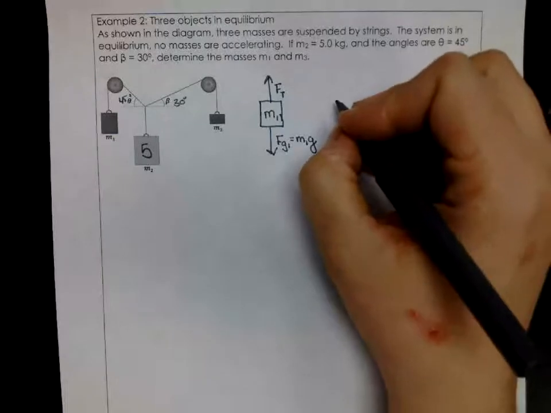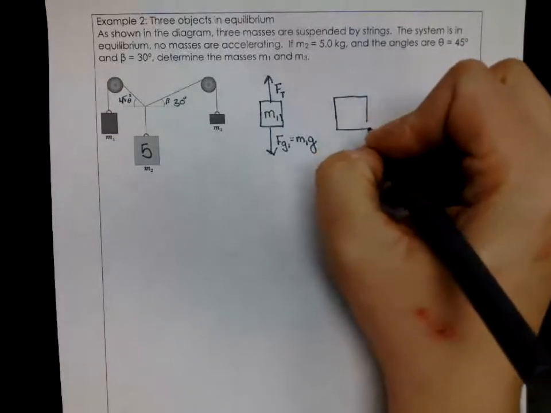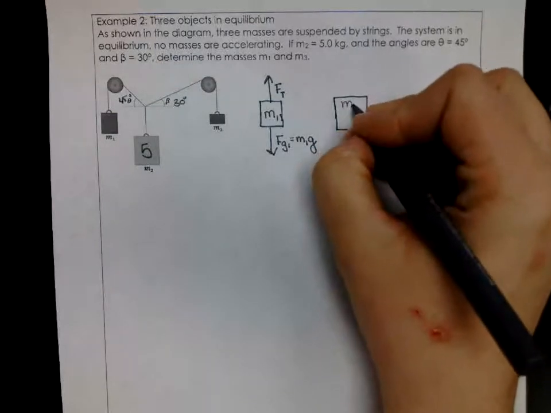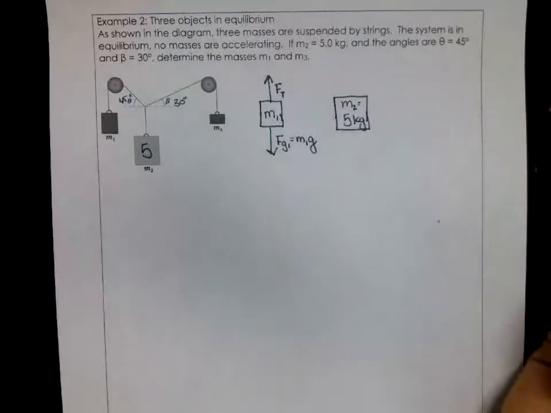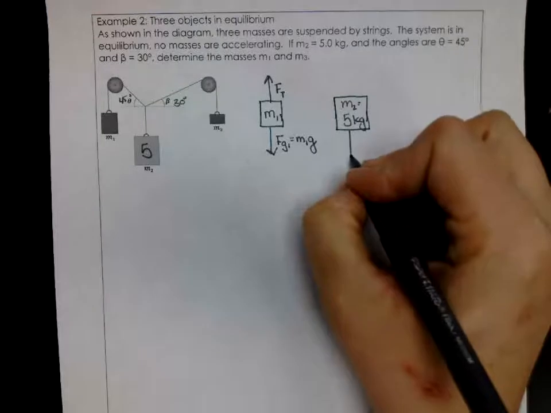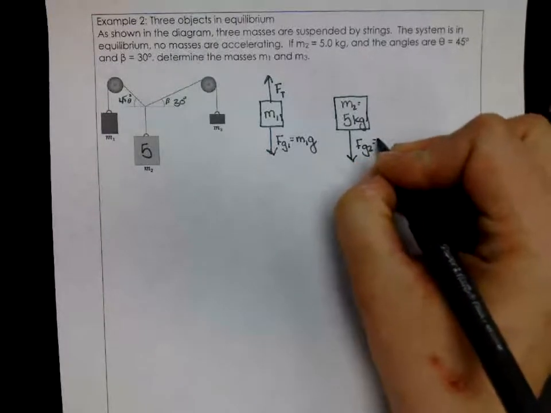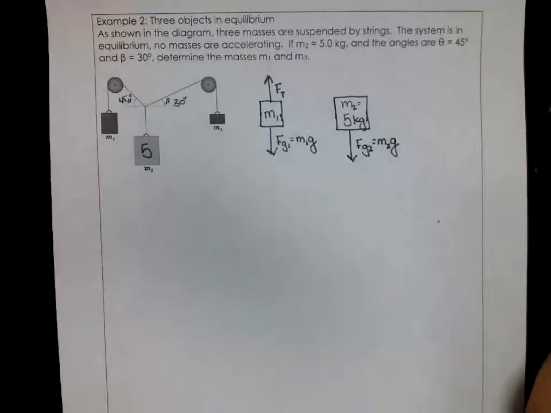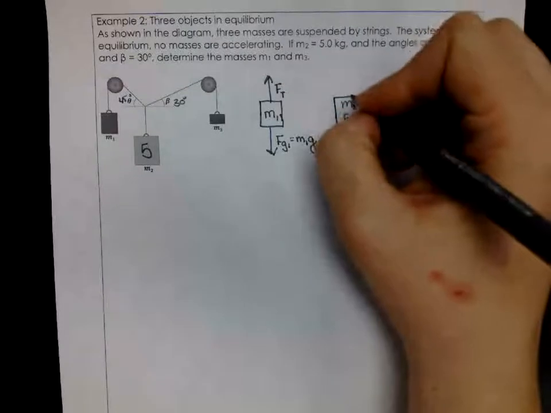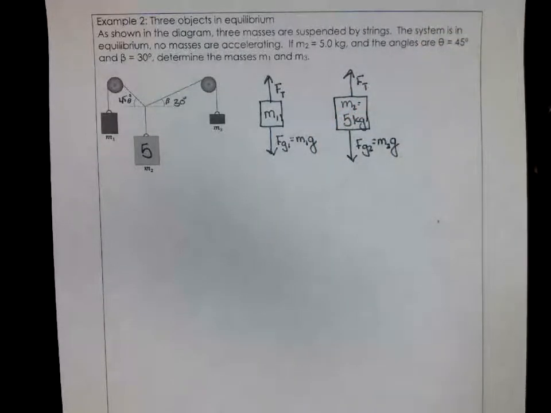For M2, we've got a little bit more information. So for mass 2, we know that we have a mass of 5 kilograms. We know that gravity is pulling down on it, and we can say that's mass 2 times gravity. And we know that the force of tension is pulling on it upwards.